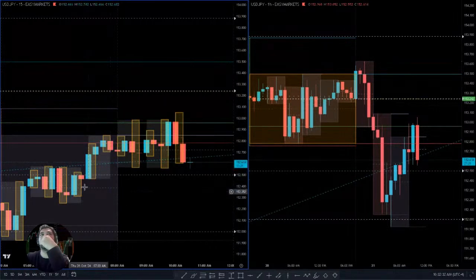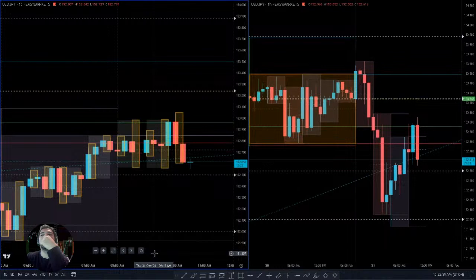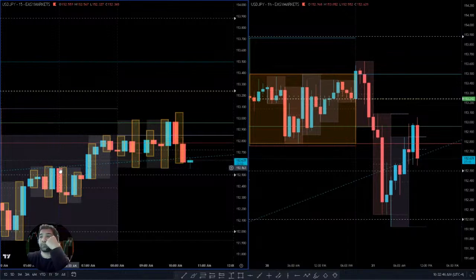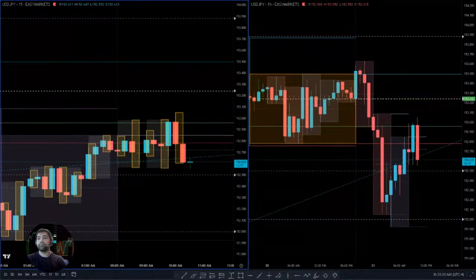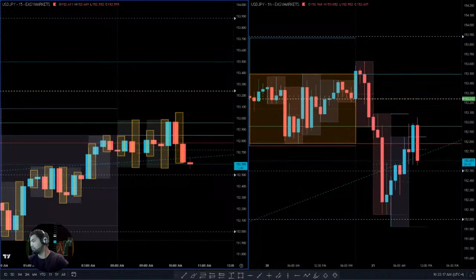Really important structure, guys. Really important structure. And price is around 150 to 500.